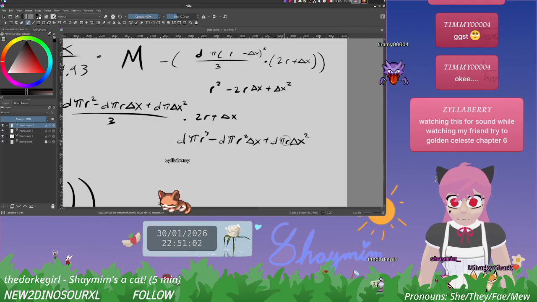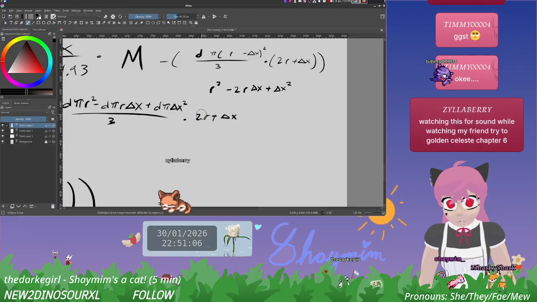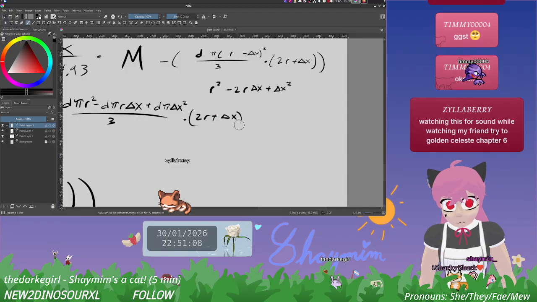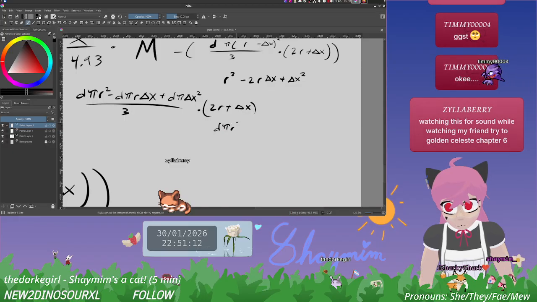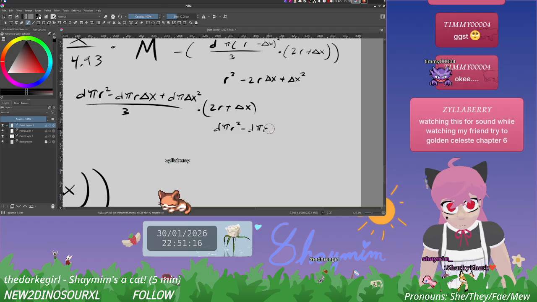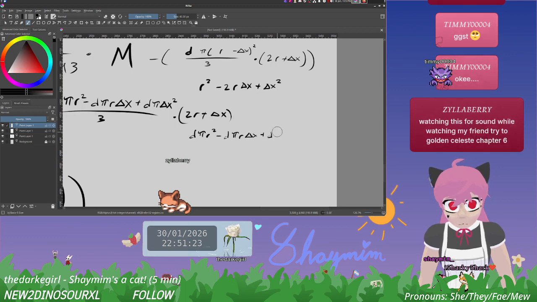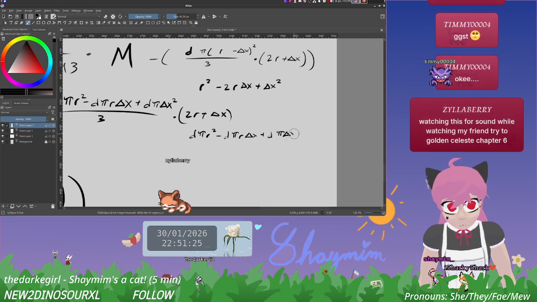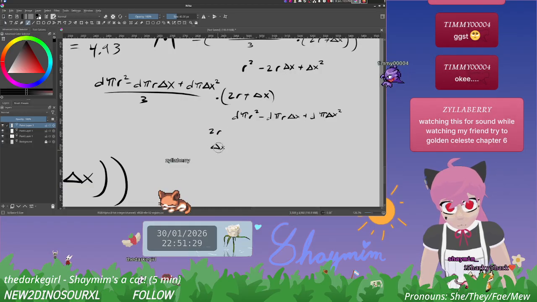Wait, hang on, I'm doing this wrong. That's a binomial, which does suck a lot for me. I will have d pi r squared minus d pi r delta x plus d pi delta x squared, and then we have 2r and delta x.